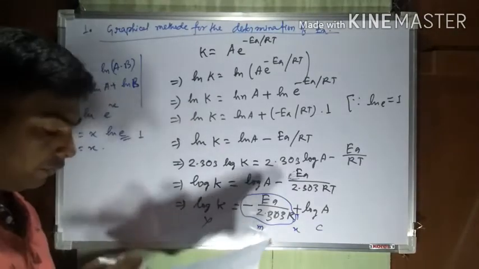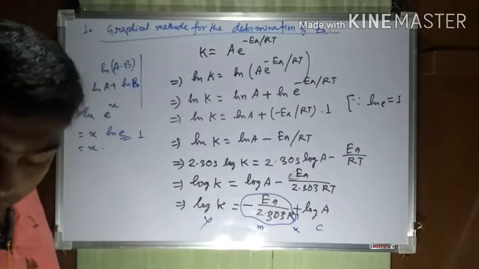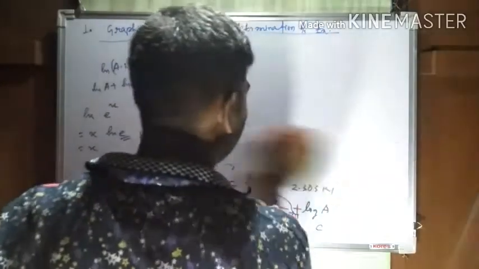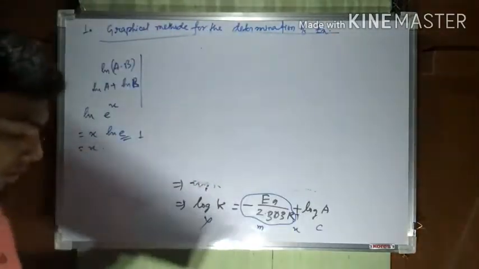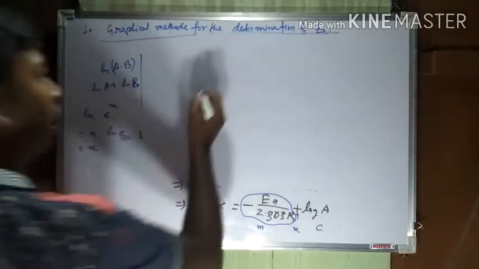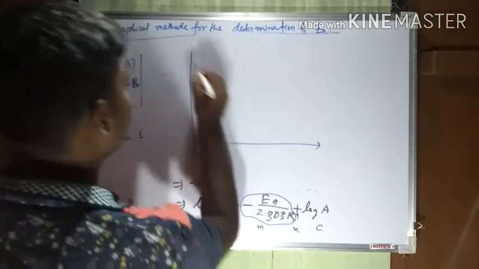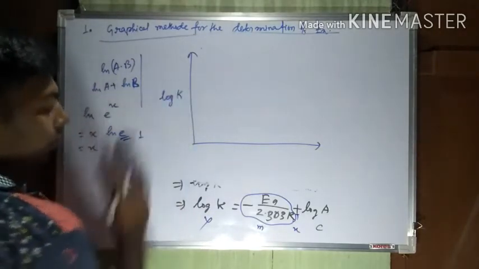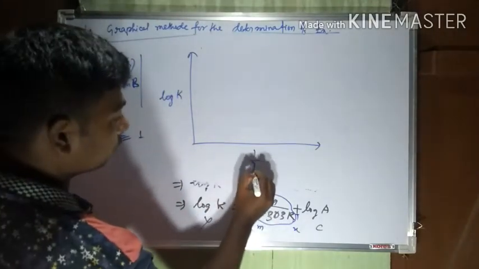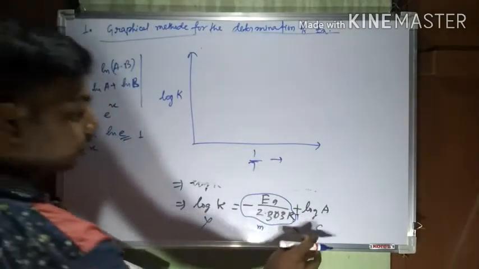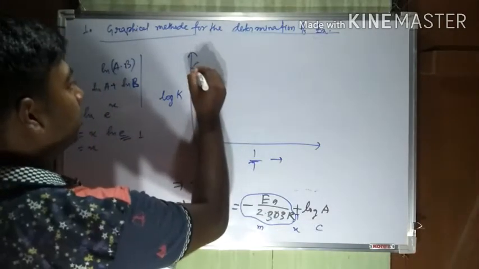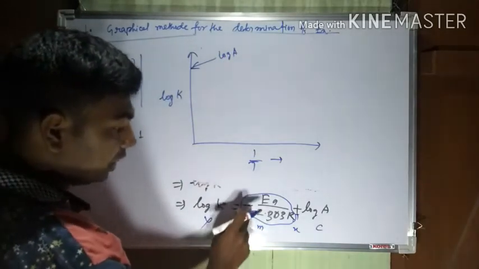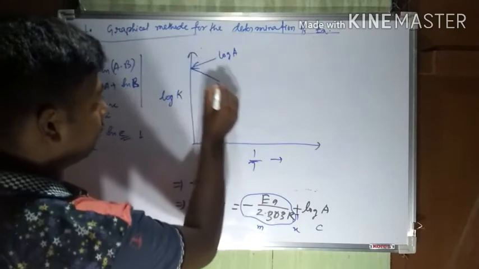Now, if we draw this y equal to mx plus c equation in a graph, we get it this way. The y-axis is log of K, the x-axis is 1 by T. C is the intercept, here at this point, log of A. The slope is negative, that's why the line decreases.